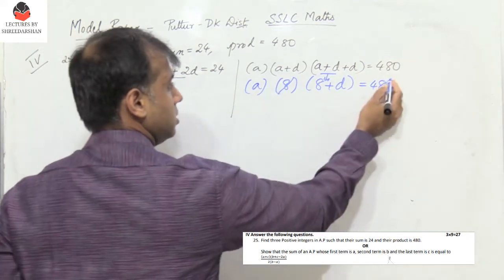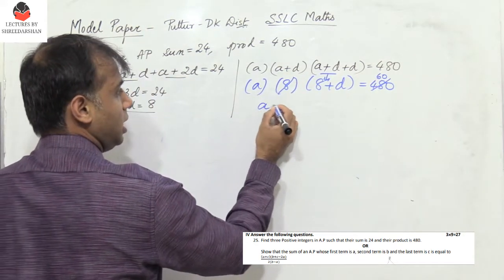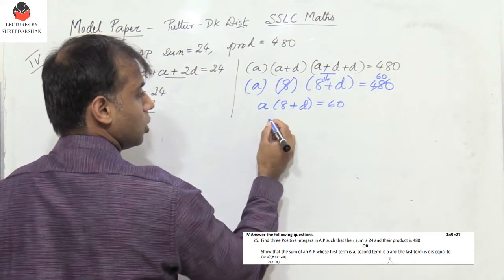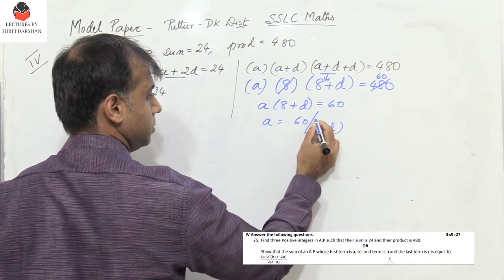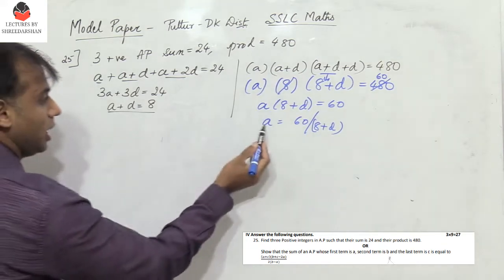Now I can cancel. 8 sixes are 48, so this becomes 60. So I have a into 8 plus d equals 60. Or what is a? It is 60 divided by 8 plus d. So I've got another expression, a equals 60 by 8 plus d. Now let me substitute the value of a here.